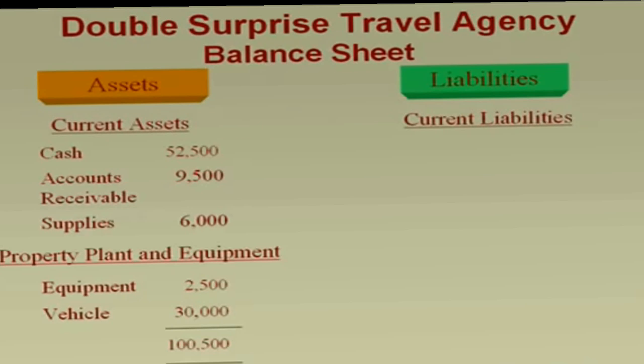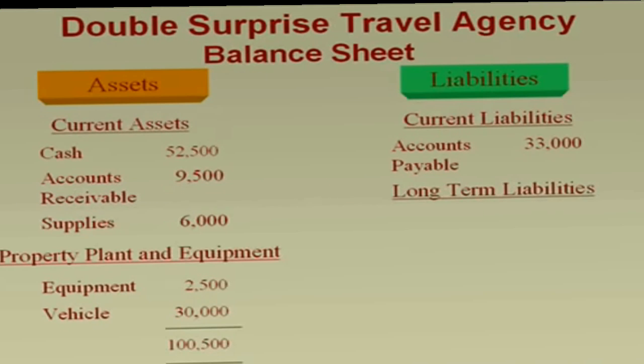Go on to your liabilities side. Start with the current liabilities. What are they? Accounts payable, 33,000. That's it. Did you search? There's no other current liabilities? If not, go to your long-term liabilities. What do you have? You have a loan of 50. What's missing?